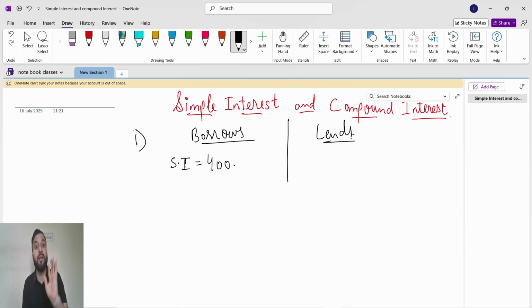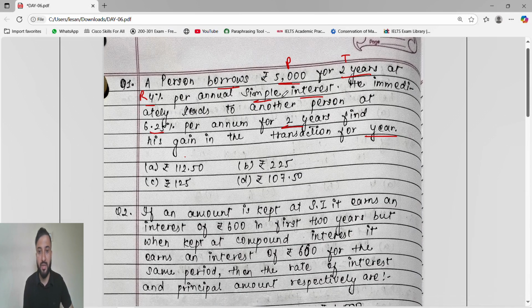Now that time only, he immediately lends to another person. If he lends, he will get simple interest, because here they have mentioned simple interest, so we know this question is about simple interest. What is the principal? The principal remains the same, 5,000, because he borrows 5,000 and immediately lends the 5,000.